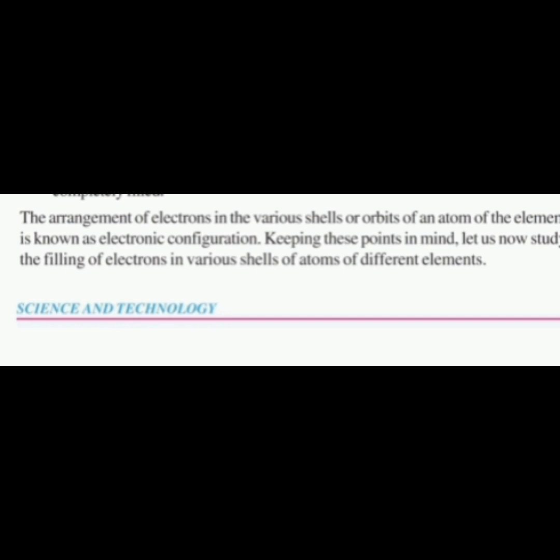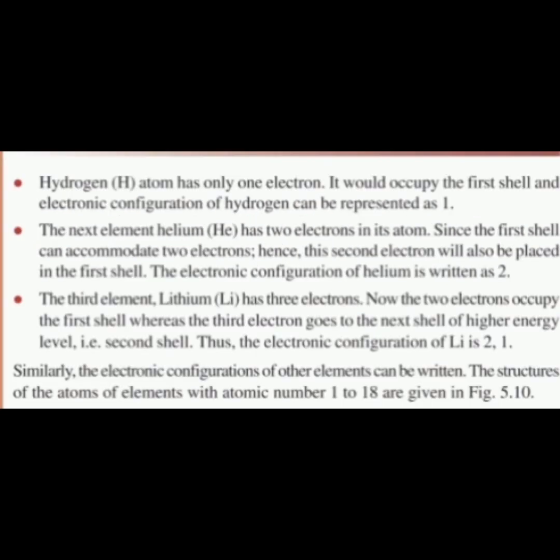First one, hydrogen, the symbol is H. The hydrogen atom has only one electron. It would occupy the first shell, and the electronic configuration of hydrogen can be represented as 1. So here it is clear that hydrogen has just one electron, and it is in the first shell.